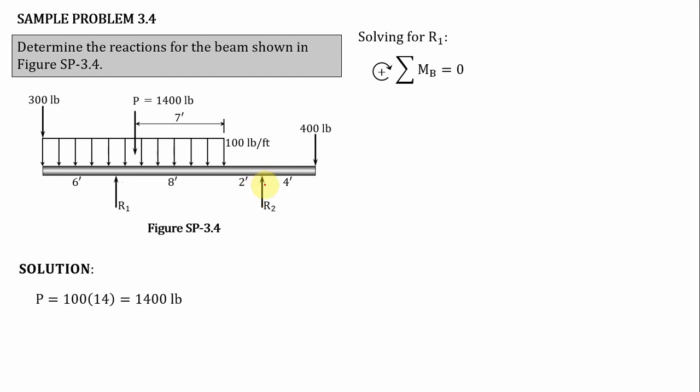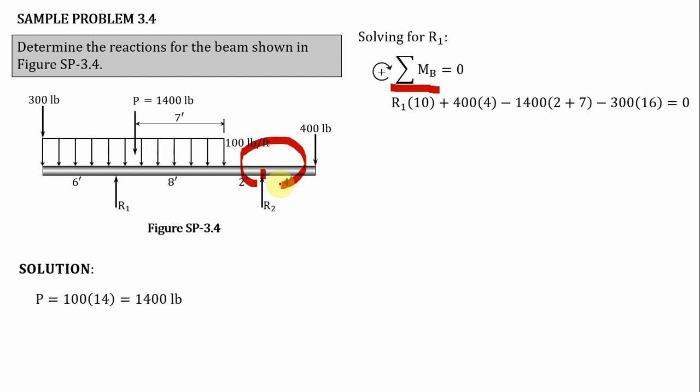So therefore, our equation is like this. I will explain it one by one, class. First, summation of moment at B. Let me start with R1. What is the rotation of R1? R1 will produce a clockwise moment, and clockwise moment is positive, so that's why R1 is positive, times the moment arm.